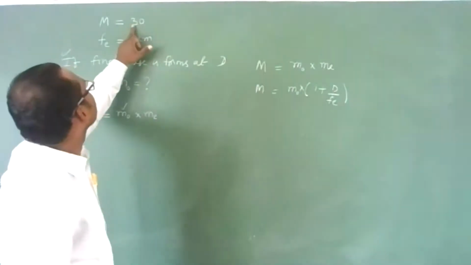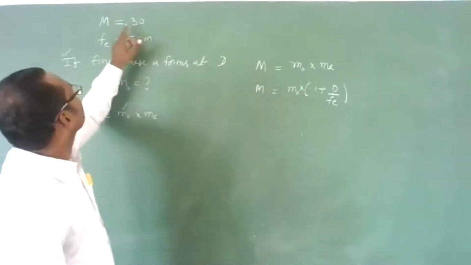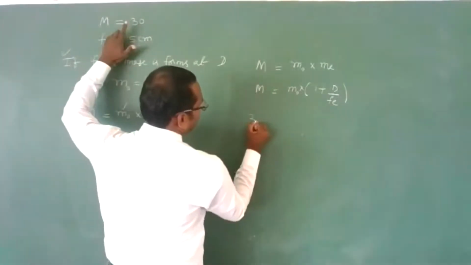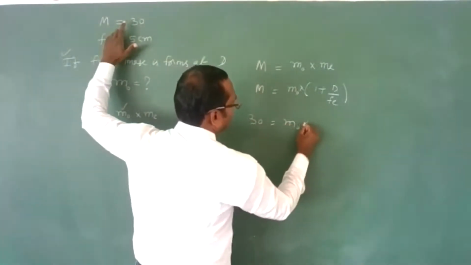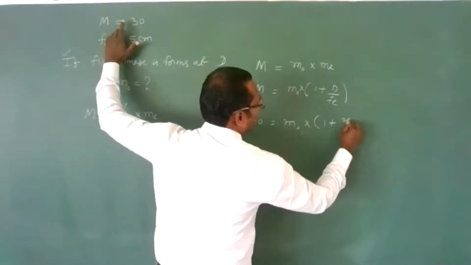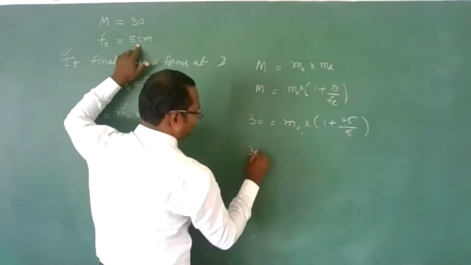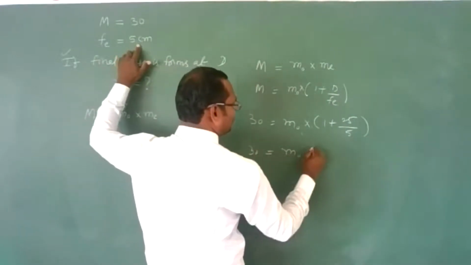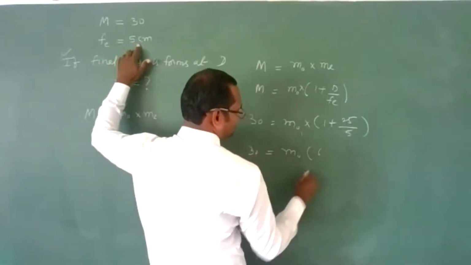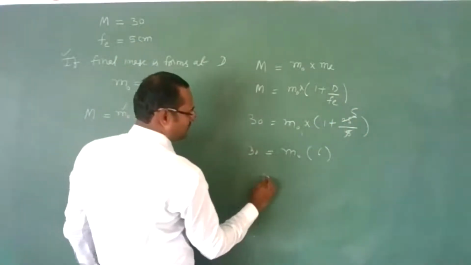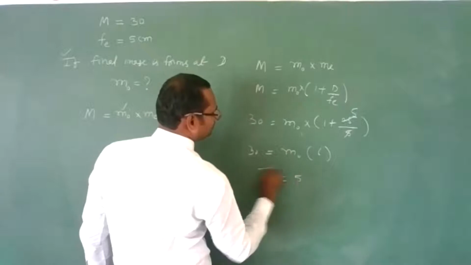They have given this, and this also. Can you find M naught? Yes, easy. M is 30, which is equal to M naught into 1 plus 25 by 5. So 30 is equal to M naught into 6. So M naught will be 5.